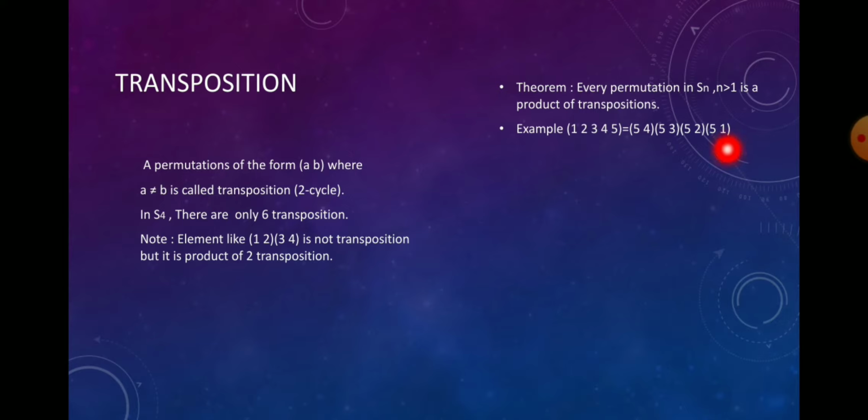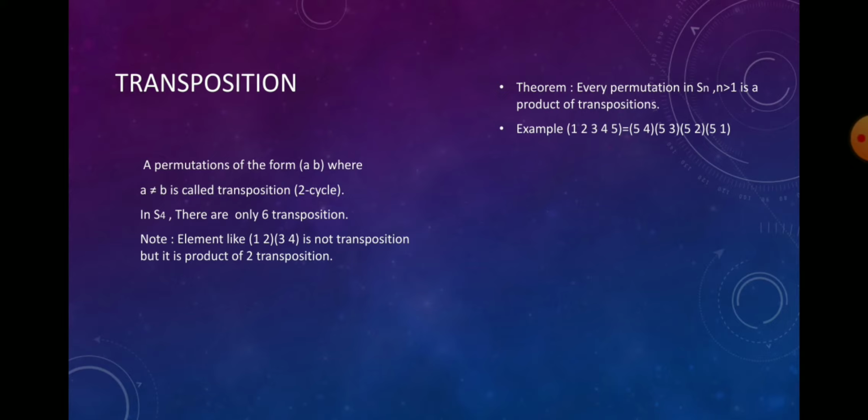Let us verify that this gives the given permutation. 1 goes to 5, 5 goes to 2, hence 1 goes to 2. Then 2 goes to 5, 5 goes to 3, hence 2 goes to 3. Now 3 goes to 5, 5 goes to 4, hence 3 goes to 4. 4 goes to 5, and also 5 goes to 1.